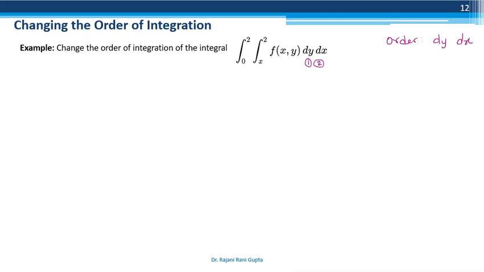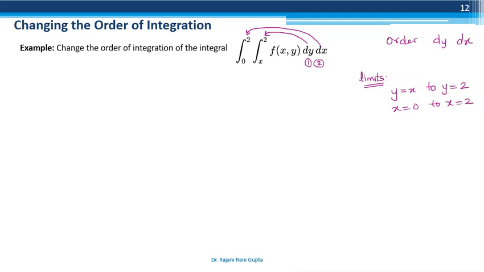Then we need to know the limits. These are the limits for y, these are the limits for x. So let's write the limits. Here y varies from y equal to x to y equal to 2 and x varies from x equal to 0 to x equal to 2.